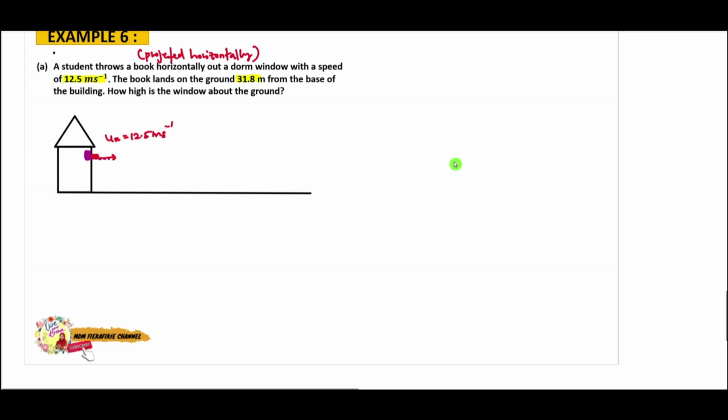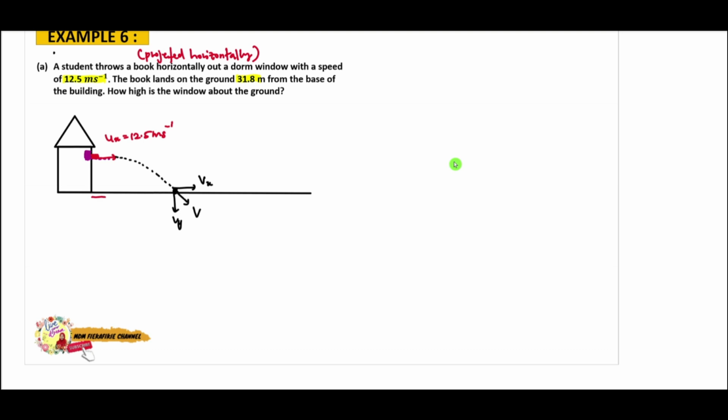And the book will land on the ground after certain time. Okay. So saya tak tahu berapa. So this one should be Vx and this is Vy. Okay, bila dia touch the ground. And then the book lands on the ground 31.8 meter from the base.